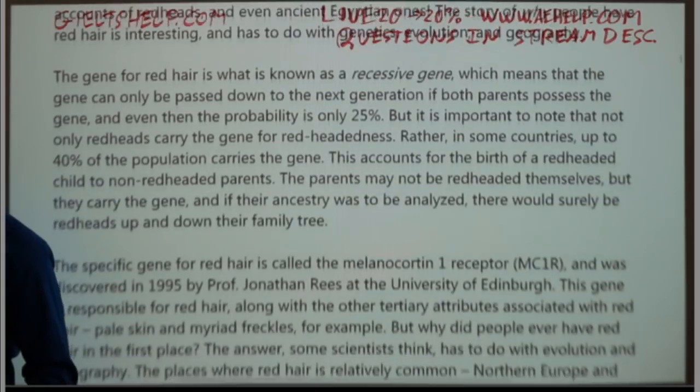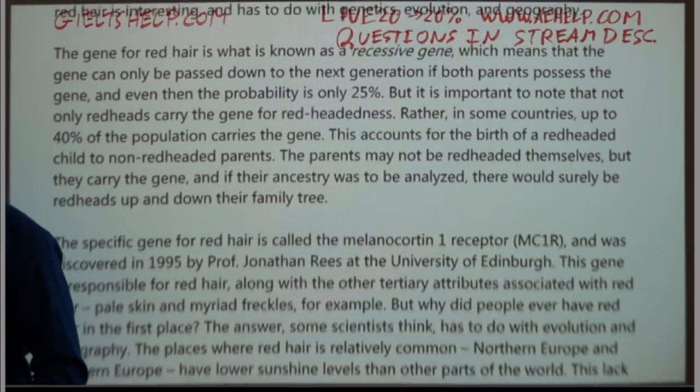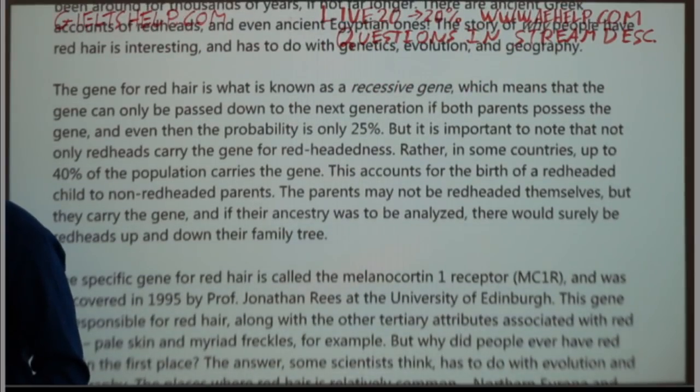The gene for red hair is what is known as a recessive gene, which means that the gene can only be passed down to the next generation if both parents possess the gene. And even then, the probability is only 25%. But it is important to note that not only redheads carry the gene for red-headedness.